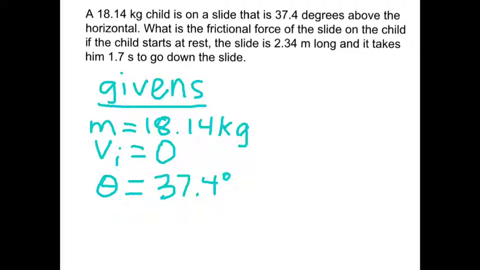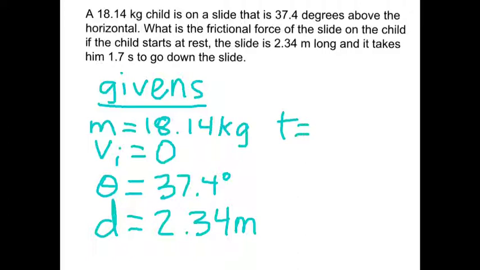The slide was 2.34 meters, so that's the distance. And the time it takes him to go down the slide is 1.7 seconds.